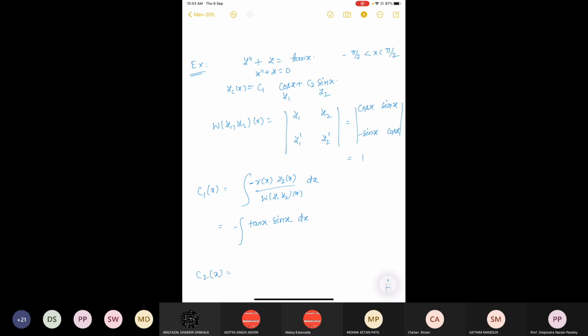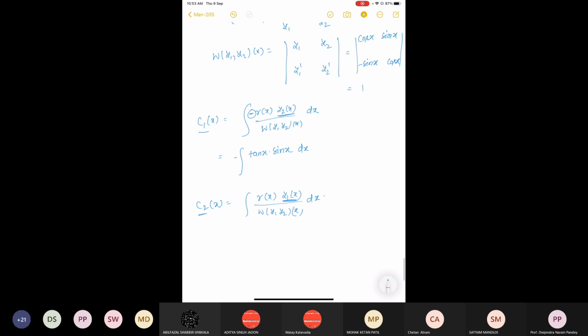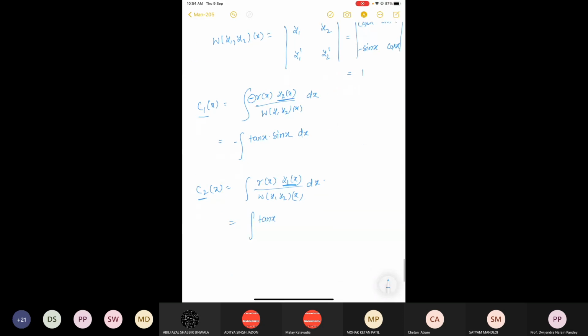C2(x) is basically the integral of r of x, y1(x), over the Wronskian of y1 and y2. Just remember this formula: in C1 you have y2 and a minus sign, and in C2 you have y1 and no minus sign. So it is simply the integral of tan of x, cos of x, dx. Can you calculate C1 and C2 here?